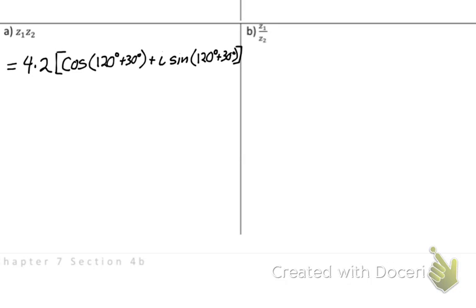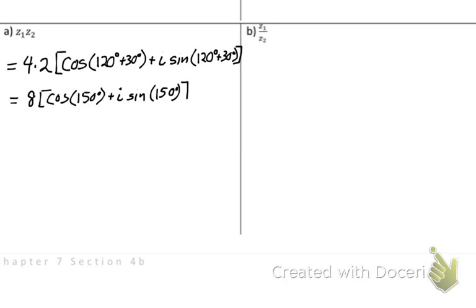Finish off. Do some simplification. We're going to have 8 times cosine of 150 plus i times the sine of 150 as well.